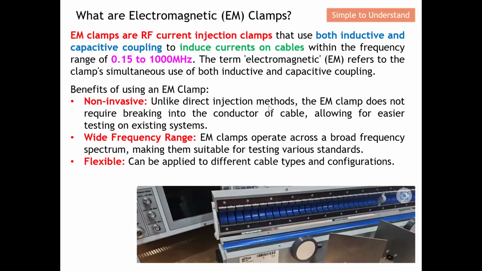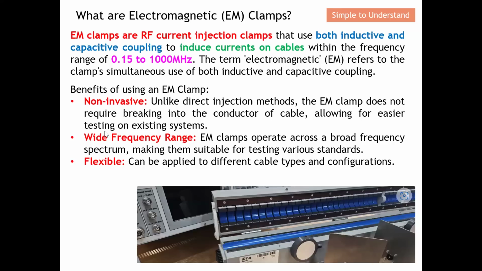The noise will couple over to the conductor of the cable. This allows for easier testing on existing systems, so we don't need to break our connection. Hence this method is called non-invasive, meaning we don't need to cut the conductor in order to test the conducted immunity.